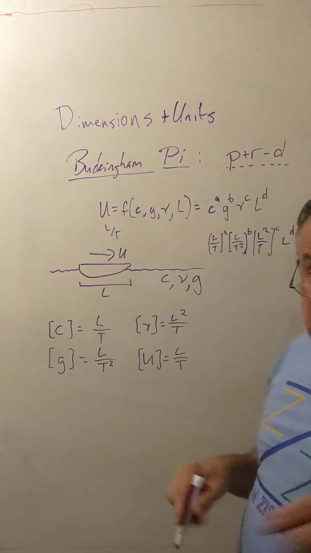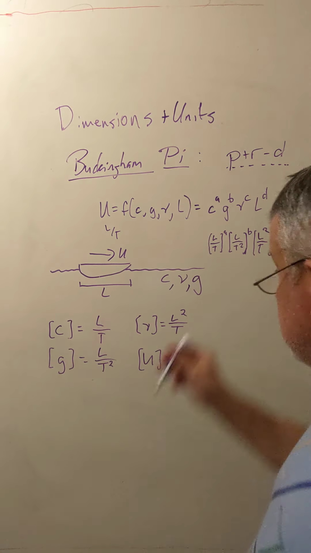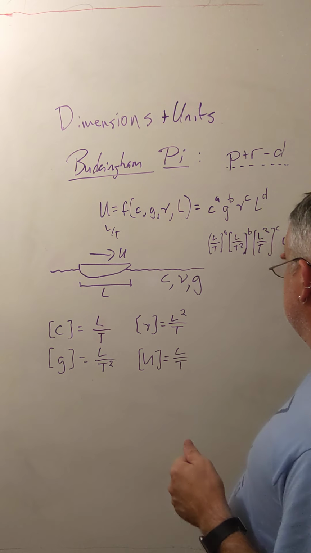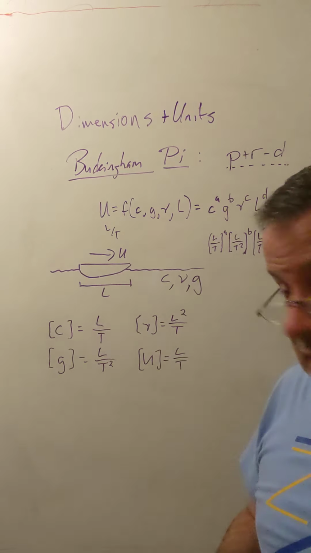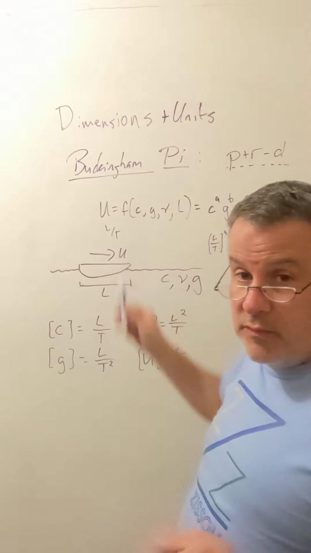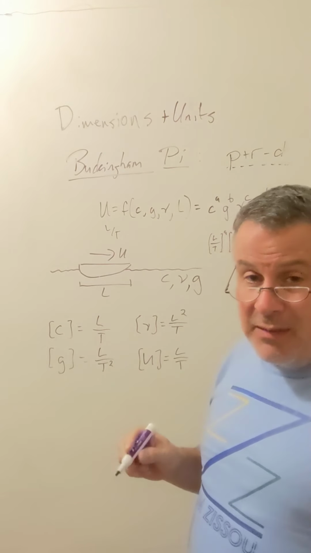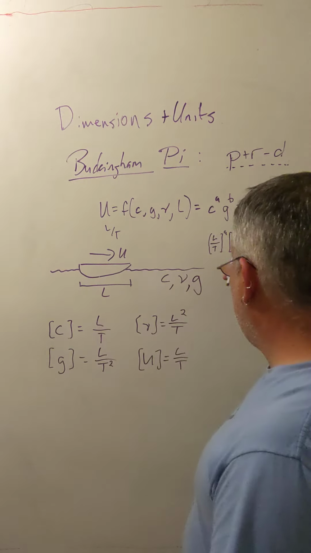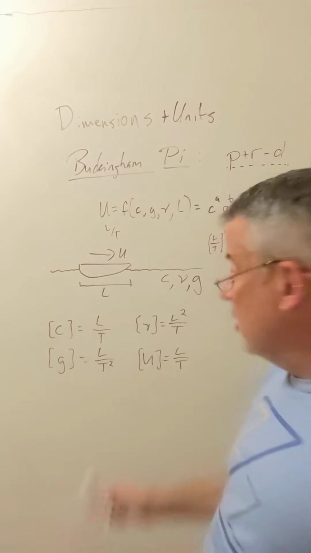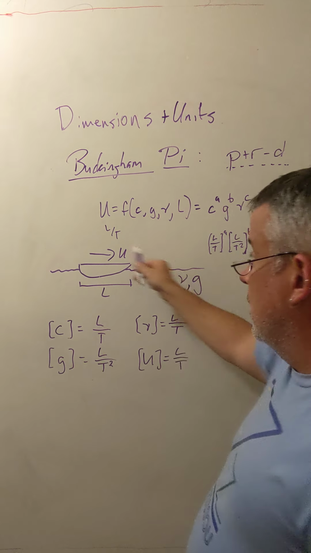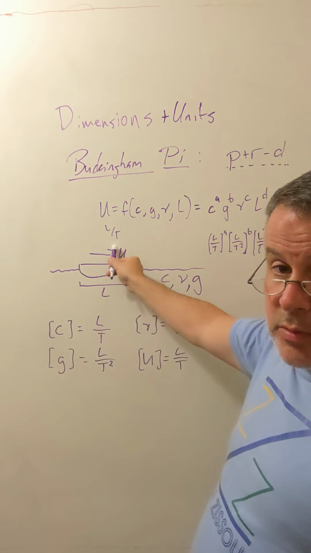So you can quickly see that not all possible choices of a, b, c, and d are going to give us something that has the units of length over time. That's what Buckingham Pi tells us. How many possibilities are we expecting to find that would be dimensionally consistent with the result?